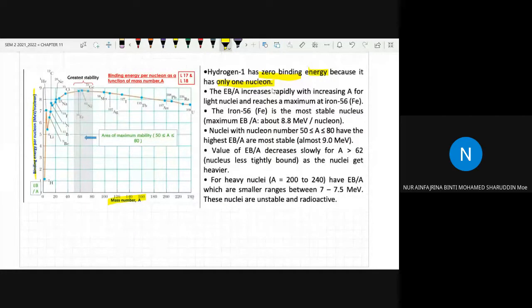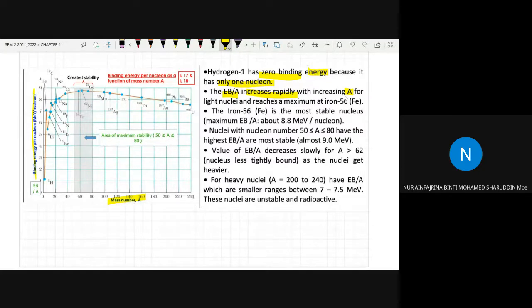No neutron, right? Okay. The binding energy per nucleon will increase rapidly when you increase your nucleon number. Okay, when you increase your nucleon number, your binding energy per nucleon will increase rapidly.